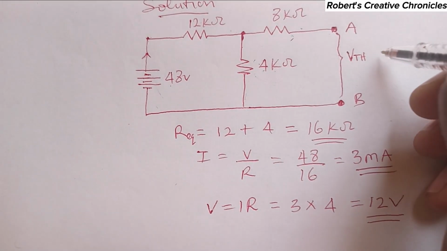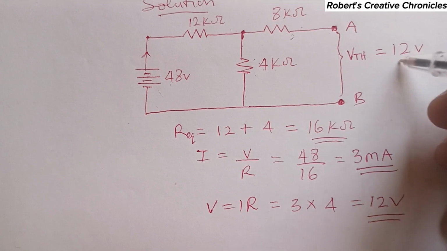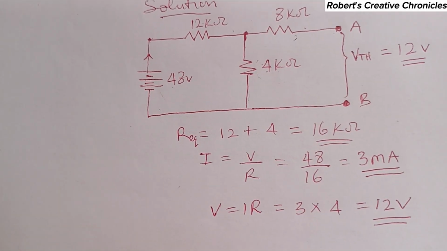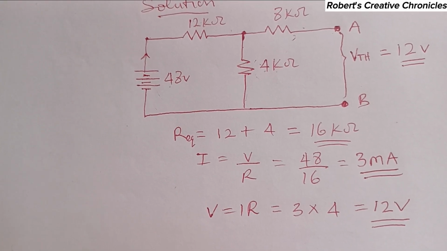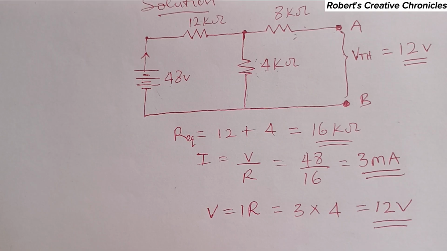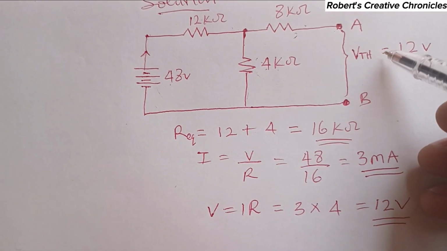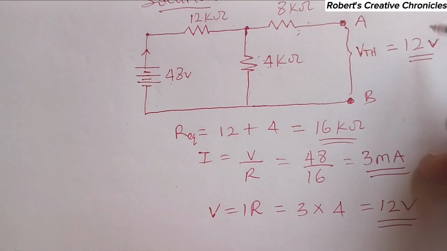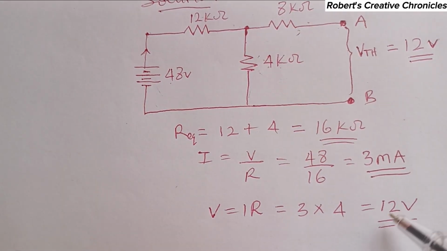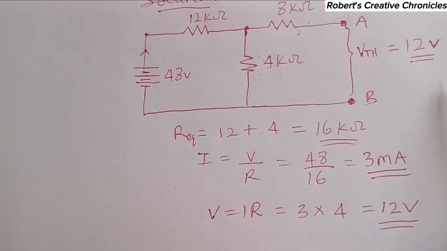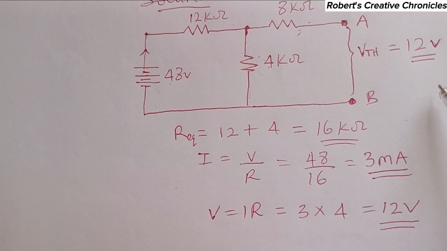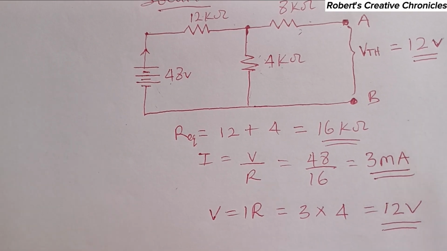So Thevenin voltage is equal to 12 volts. We have successfully found the Thevenin voltage, which is the same thing as the open circuit voltage, as 12 volts.